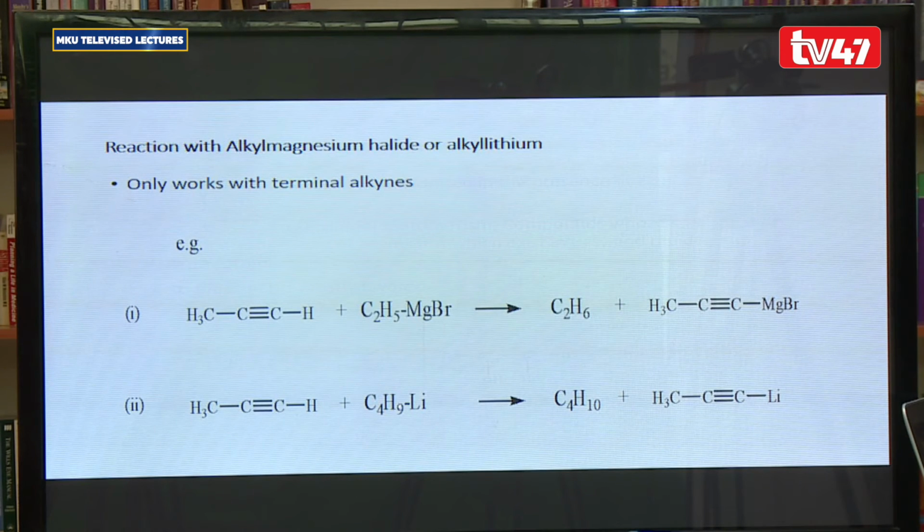Then another type of reaction is the reaction of alkynes with alkyl magnesium halides, what are otherwise referred to as Grignard reagents, or alkyl lithium reagents.